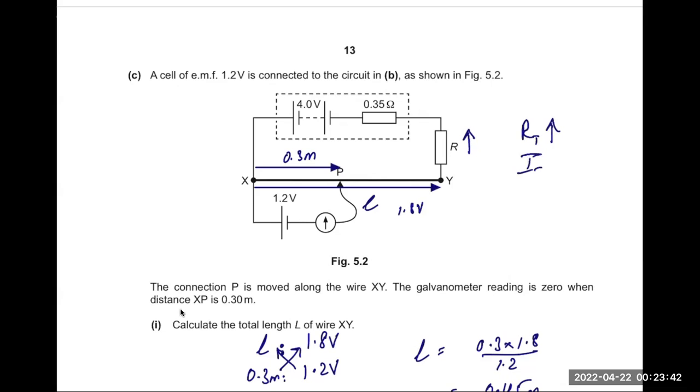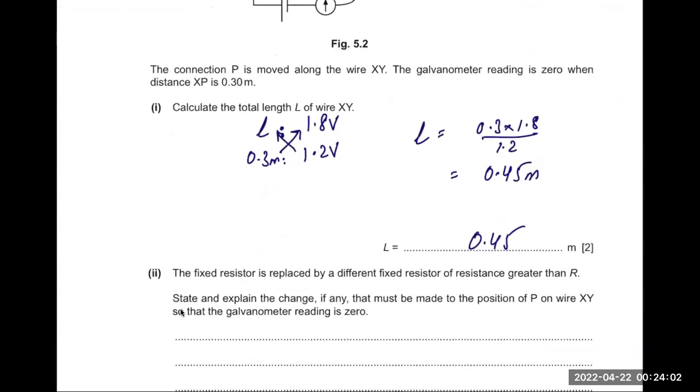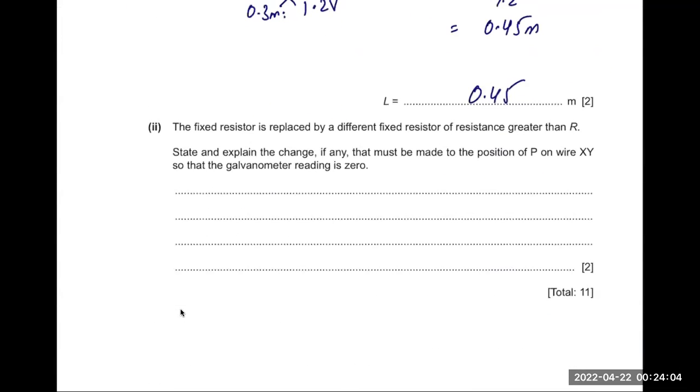And the total current of the circuit decreases because I total is equal to EMF over the total resistance. If the resistance increases, the current decreases. If the current decreases, because this wire has a fixed resistance, the potential drop across this wire would decrease. So that's the first point.